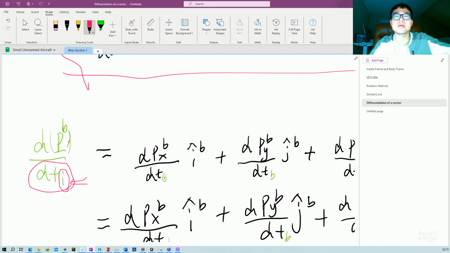So you are taking a vector of a body frame rotating vector and take a time derivative of that with respect to the inertia frame.